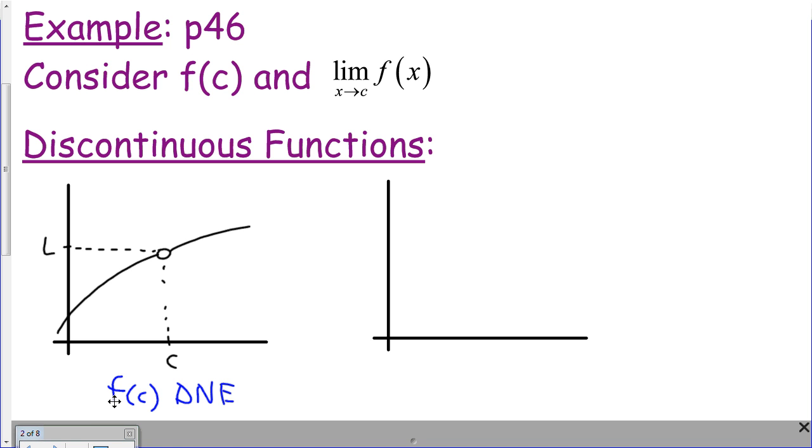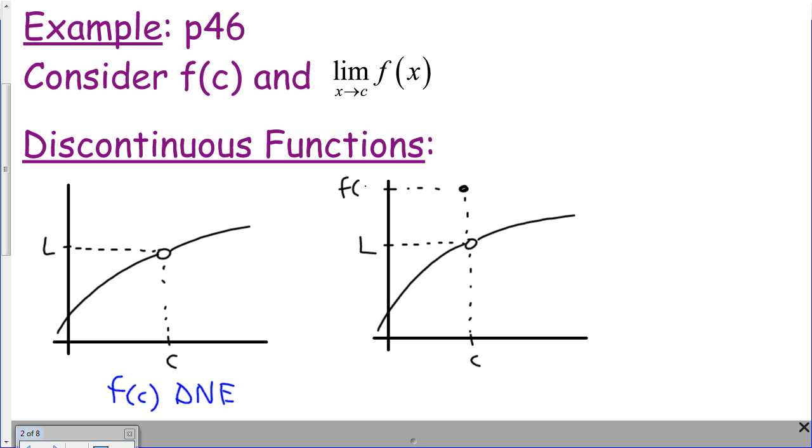Okay, let's take a look at another function. In fact, I'll draw something very similar here. I have a hole in the graph, but I'm going to define some point up here, and let's say that this is at this value of x equals c. It turns out on this function, the limit is approaching this hole in the graph. The function from both the left and right side is approaching this value here, so we'll call that our limit L. However, the function value is actually up here.